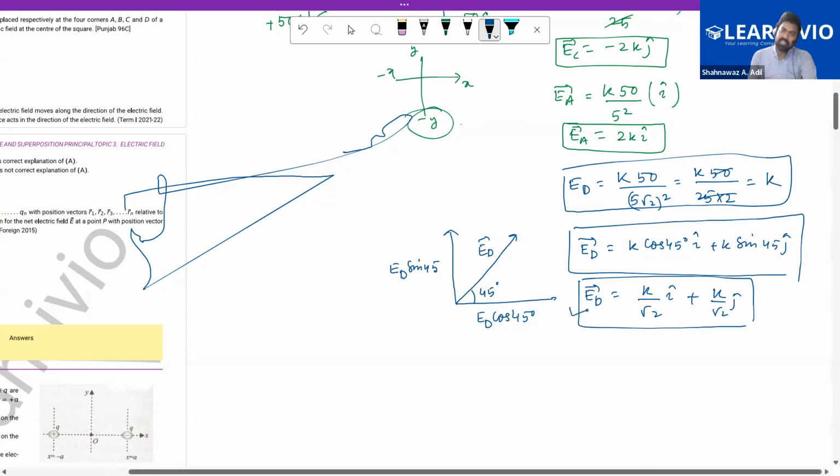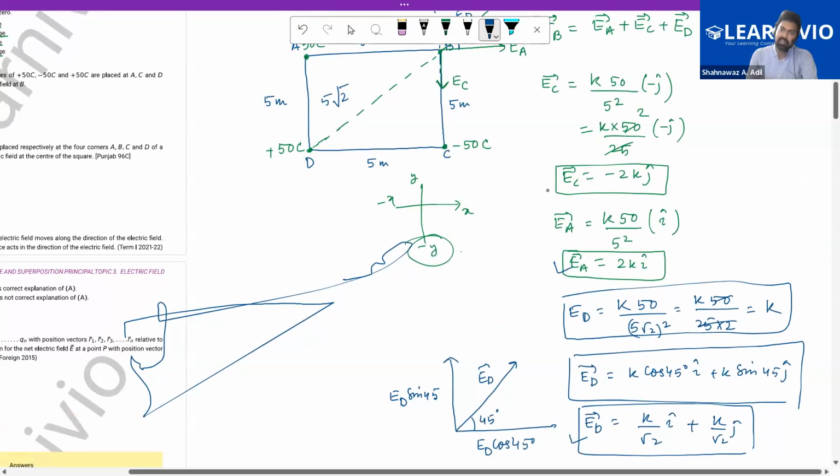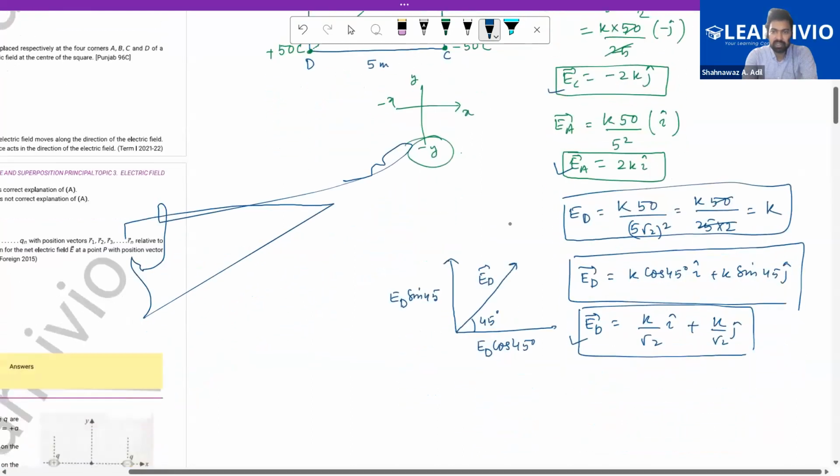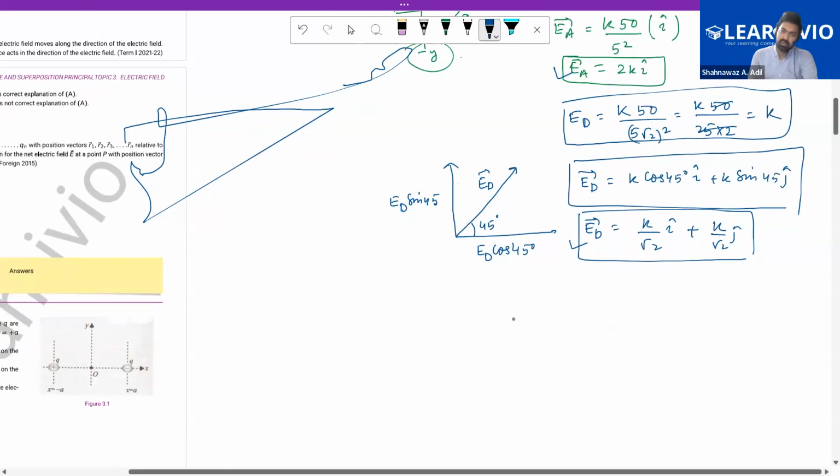Now I have ED, I have EA, I have EC. Then I can write the value of all these things. So EB is simply EA plus EC plus ED.